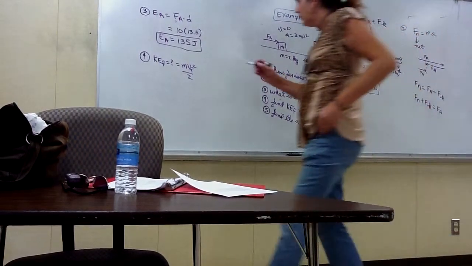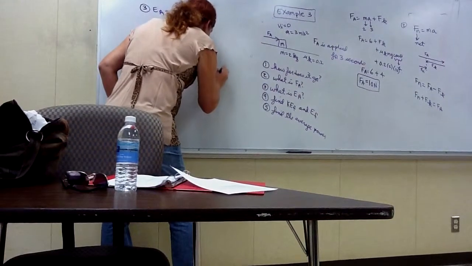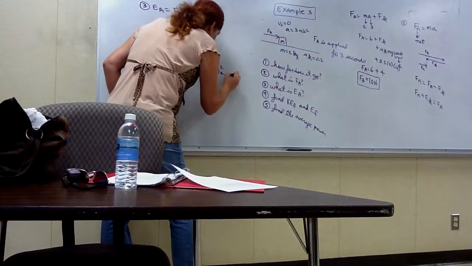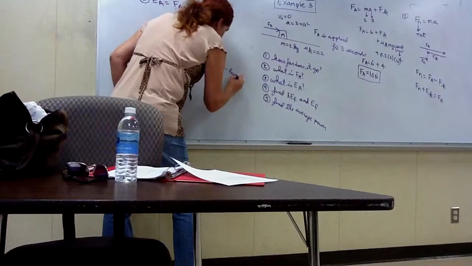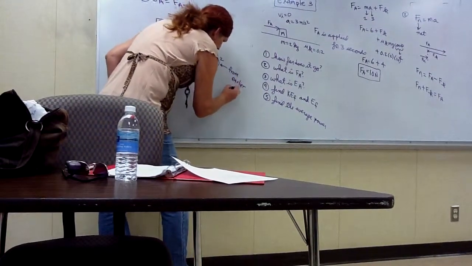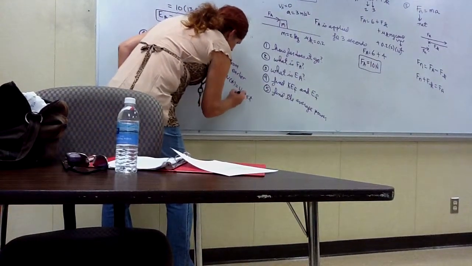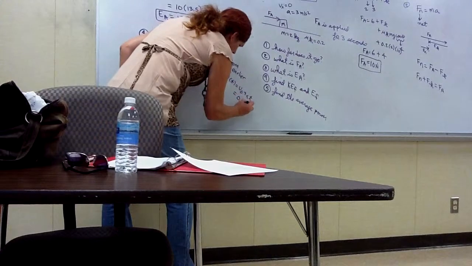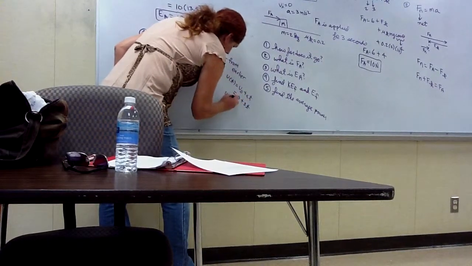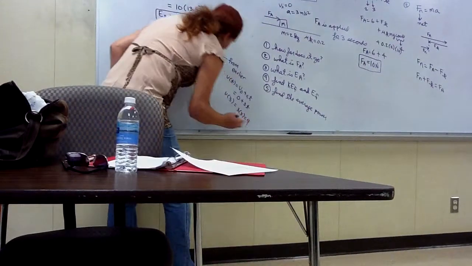So from before it's 9, so we have 2 times 9 squared. We solved it earlier: V of t is equal to V0 plus at, so that was 0 plus 3t. So V of 3 is equal to 3 times 3, or 9.